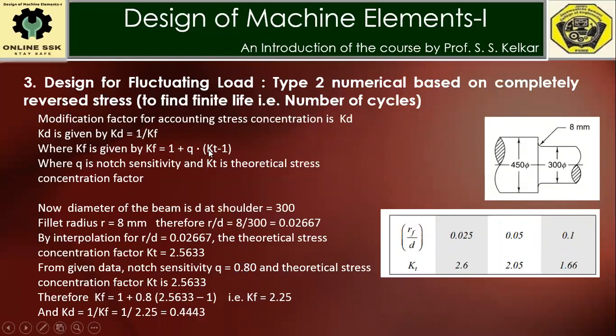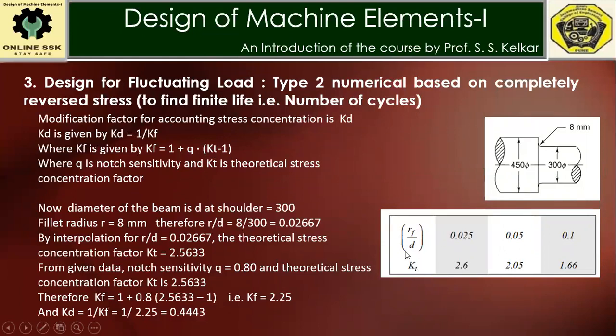Kt is the theoretical stress concentration factor. In your examination, generally the value of Kt will also be specified in the given data. But if not specified, we have to calculate it from a standard table or chart, or by referring to a standard graph, we have to read the value of Kt.